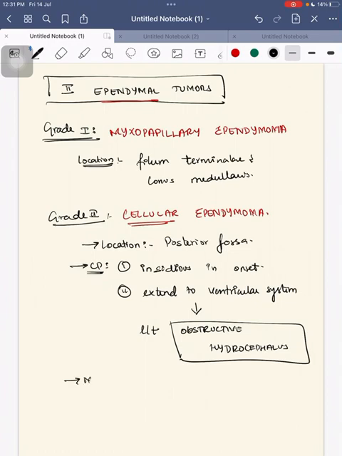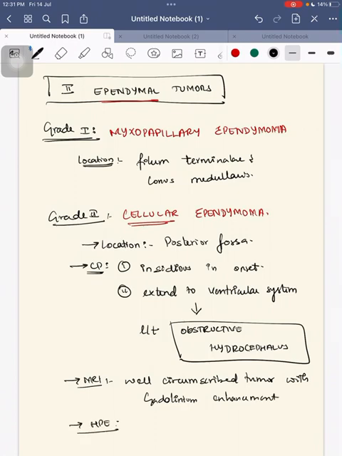Its MRI finding is a well circumscribed tumor with gadolinium enhancement. Its histopathological findings will be perivascular pseudorosettes and ependymal rosettes.